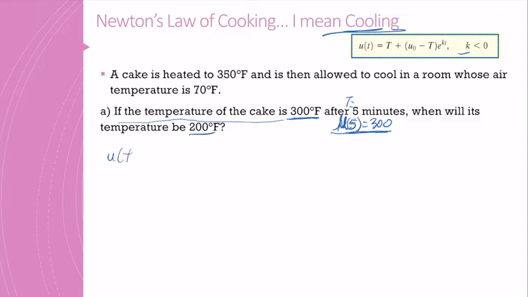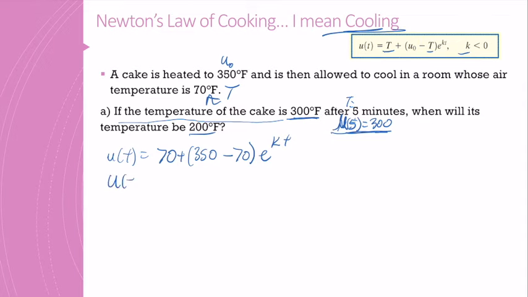I have that U of t equals 70, that's my temperature of the surrounding medium, plus 350, that's the initial temperature, minus 70 e to the kt.